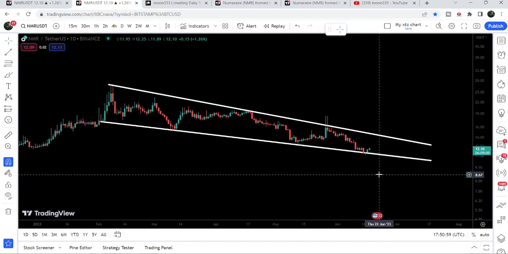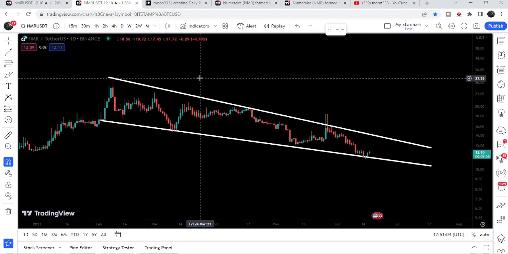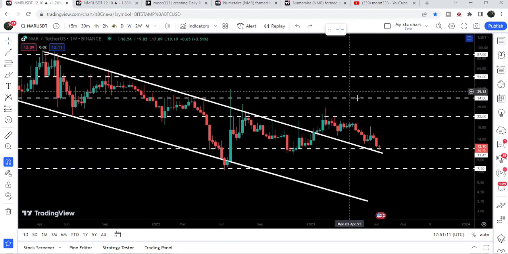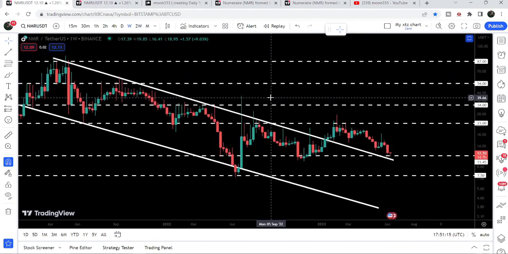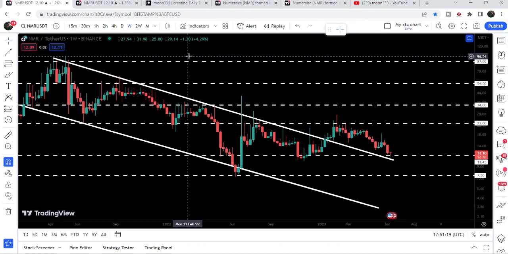In case of a breakout, which I'm expecting, the target to the upside can be here, approximately $27 to $28 at the top of the wedge. And the final target for this huge breakout from this down channel that has already happened on this weekly time frame chart is here at the top of the channel, which can be between $90 to $100.